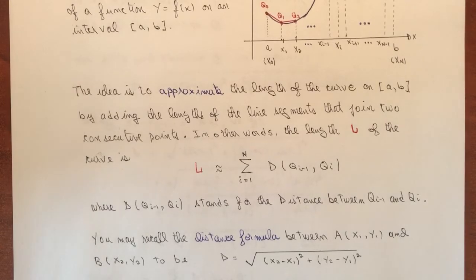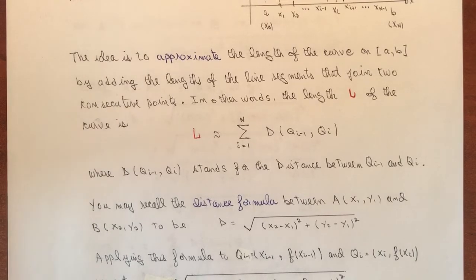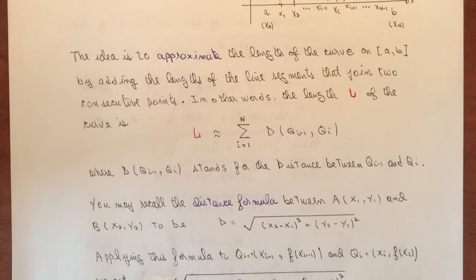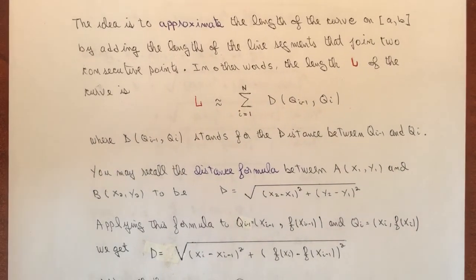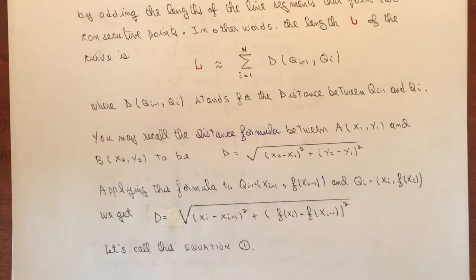If we apply this formula to our situation, where qi minus 1 is the point (xi minus 1, f of xi minus 1), and qi is the point (xi, f of xi), we get that the distance is the big square root of (xi minus xi minus 1) squared plus (f of xi minus f of xi minus 1) all squared. For simplicity, let's call this equation 1.